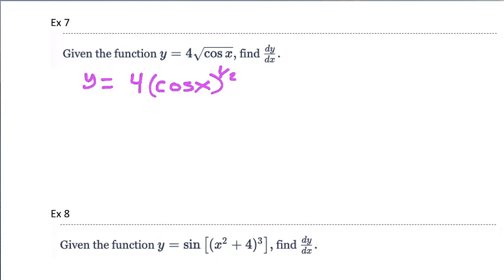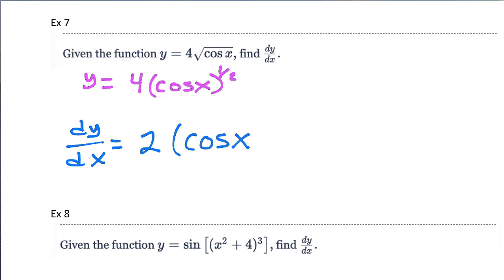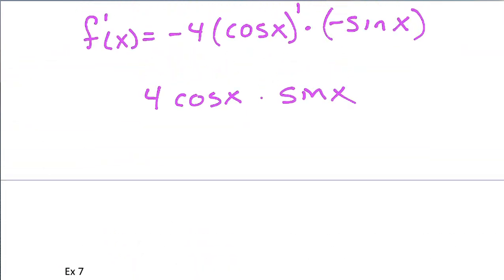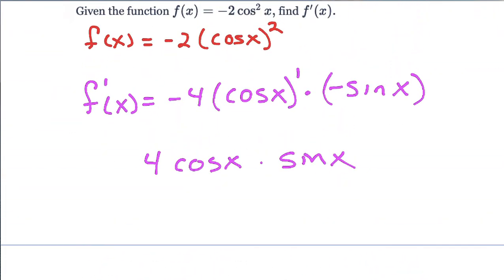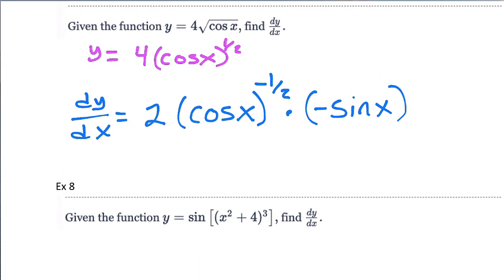So if we differentiate it, dy/dx is equal to, if we bring that power down, 4 times 1/2 is 2, cosine x to the negative 1/2 times negative sine x. Okay? So hopefully that makes some sense. Let you copy that one down.